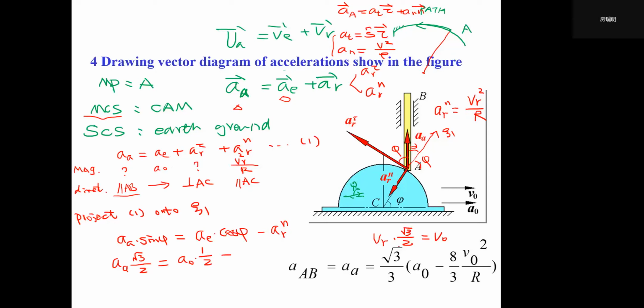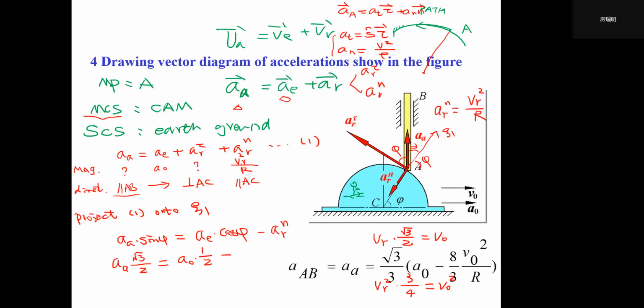So actually our VR, if we square it, we have VR squared times three over four equal to V0 squared. So our VR squared will be 4 times V0 squared over 3.